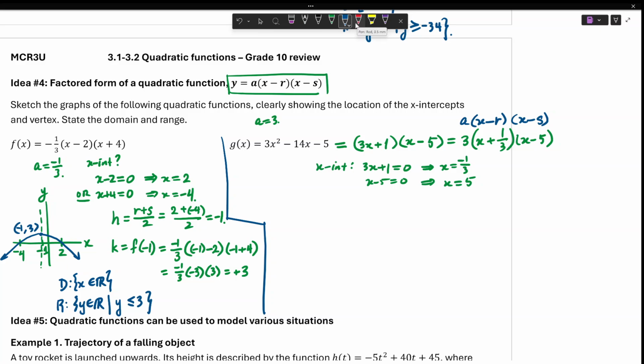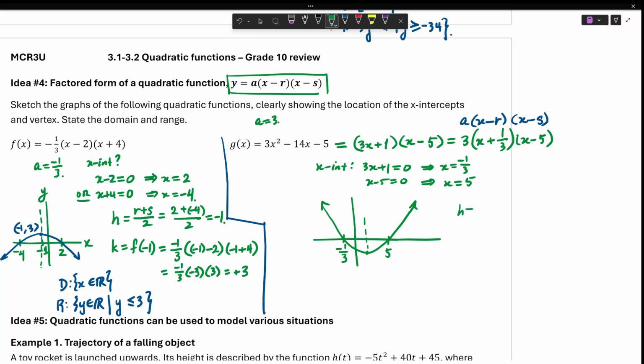Okay, so let's draw a quick sketch. We have negative 1/3 and 5 as our x-intercepts. We know it's concave up, so it looks something like this. And the vertex should be exactly in the middle. Where exactly?